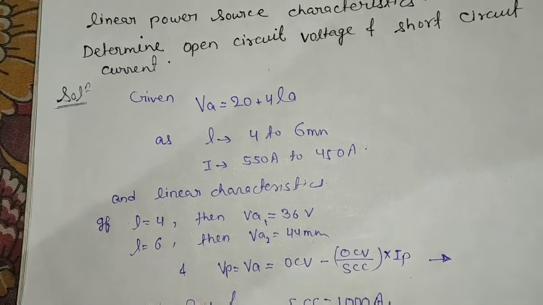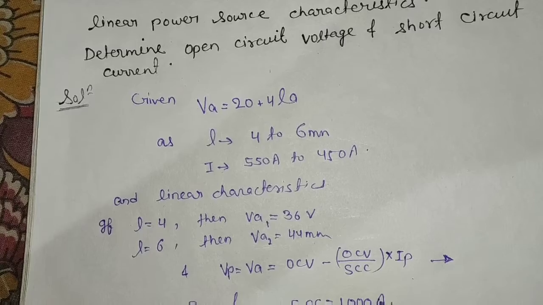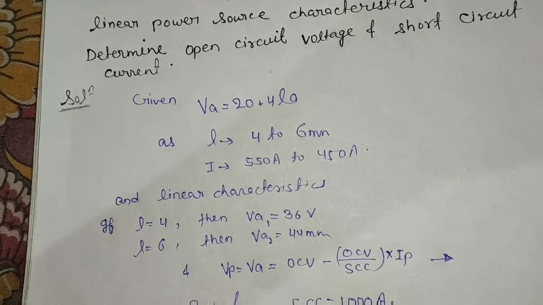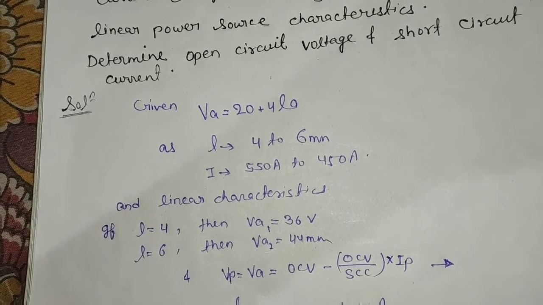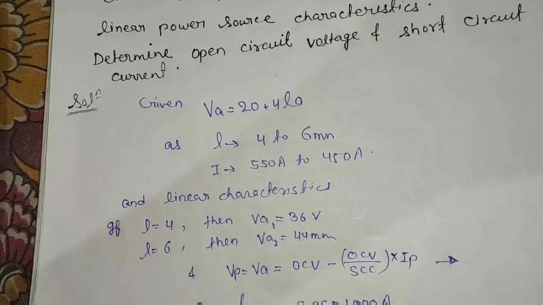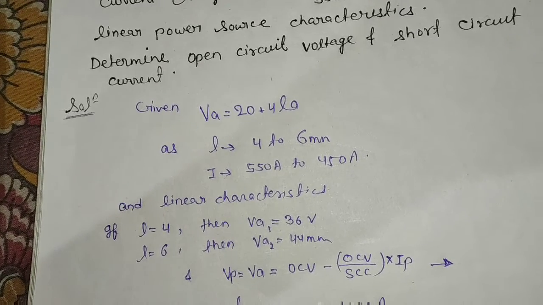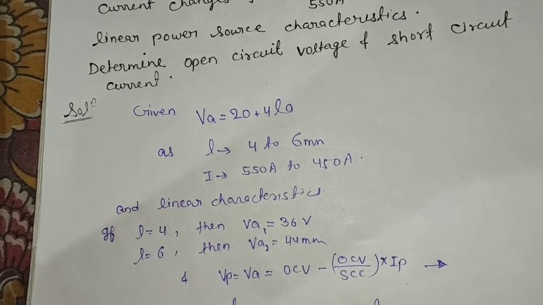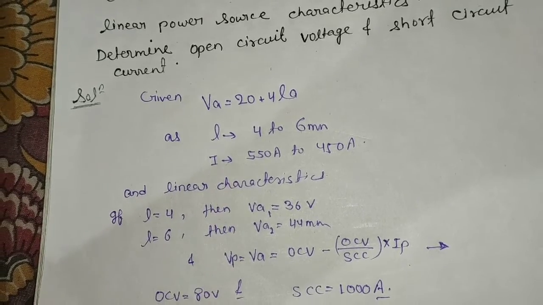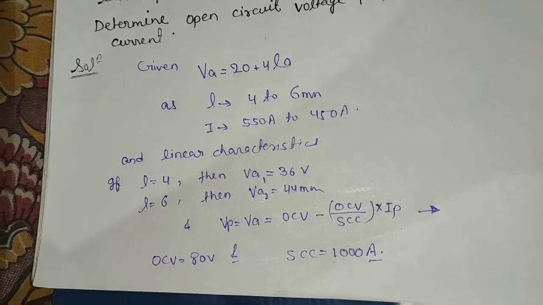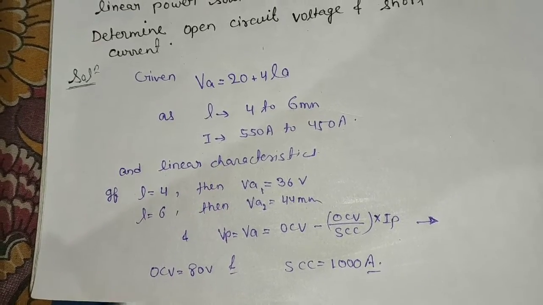We have Va1, Va2 and Ip1 and Ip2. By putting all these values we will get two equations with two variables. After solving these two equations we will find OCV and SCC. After solving, we get OCV is equal to 80 volt and SCC is 1000 ampere.